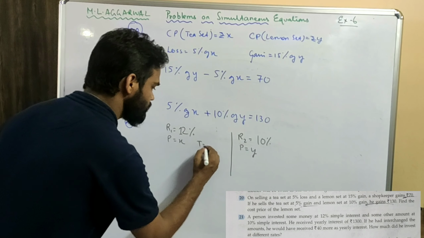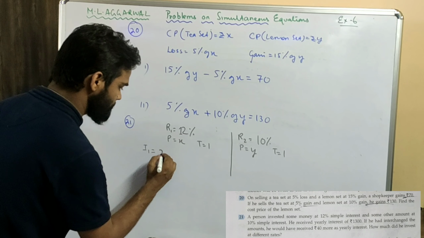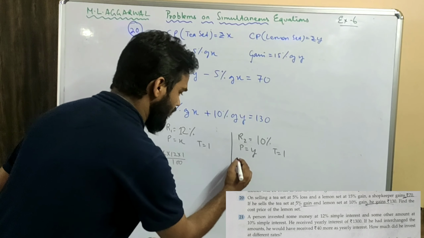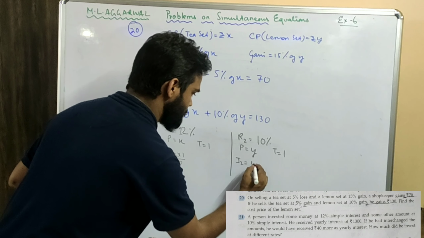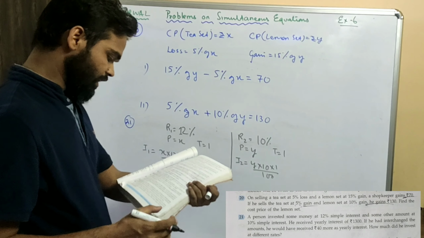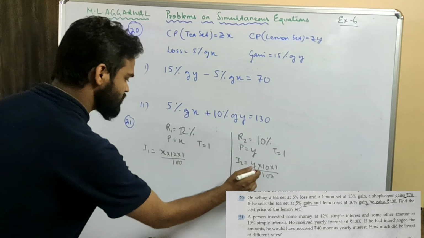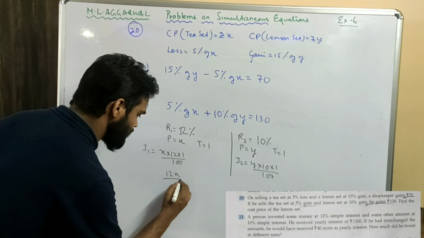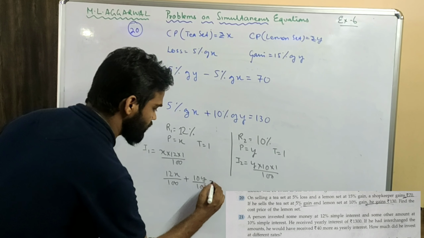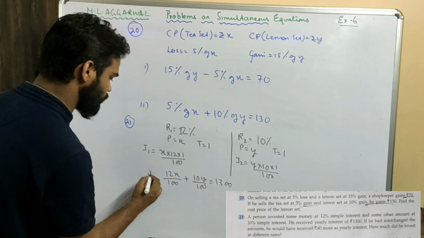So time is 1 year. Time is 1 year. So interest I1 will be PRT by 100 and I2 will be PRT by 100 and the total interest for 1 year is, they have given 1300, which means this plus this, which means 12x by 100 plus 10y by 100 equals 1300. Done. This is my first equation.